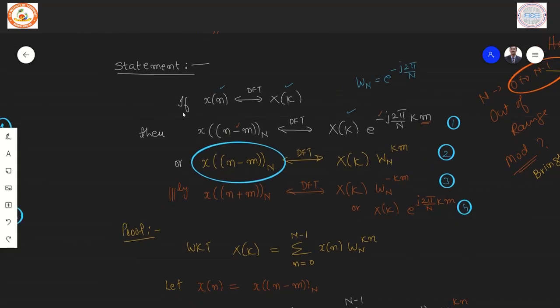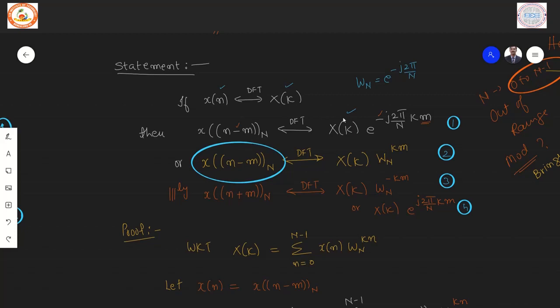If x of n has N-point DFT x of k, then x of (n minus m) mod N, so we are shifting it by m, and then we are applying mod. The double bracket indicates that the shift happens circularly. So this is called circular time shift.